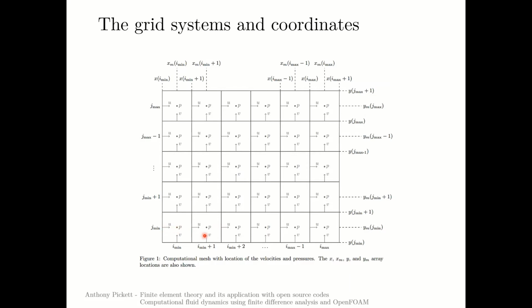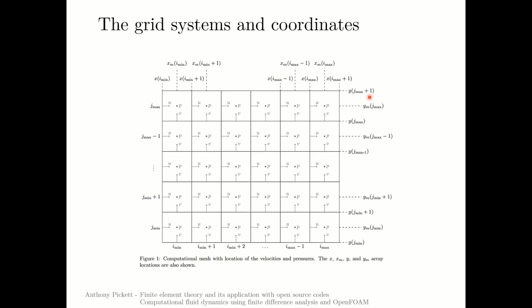U is going in this direction, V is in this direction, Imin is here, and Imax is here, and the x coordinate starts at this point. The y coordinate starts here, and it comes through to Imax plus 1 and Jmax plus 1.